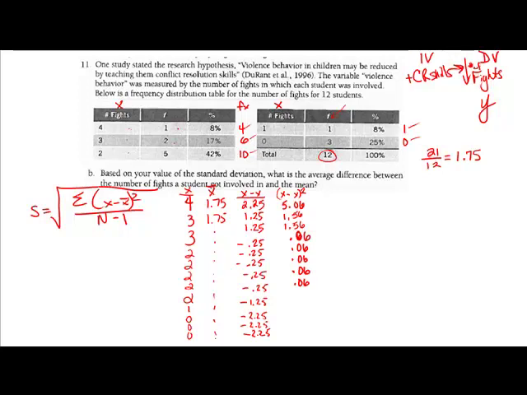Oh, I found a mistake. I hope you caught that as you were working along with me. So 1 minus 0.75 is... Oh, I made a big mistake. Fortunately, it didn't quite matter. Okay. What mistake did I make?